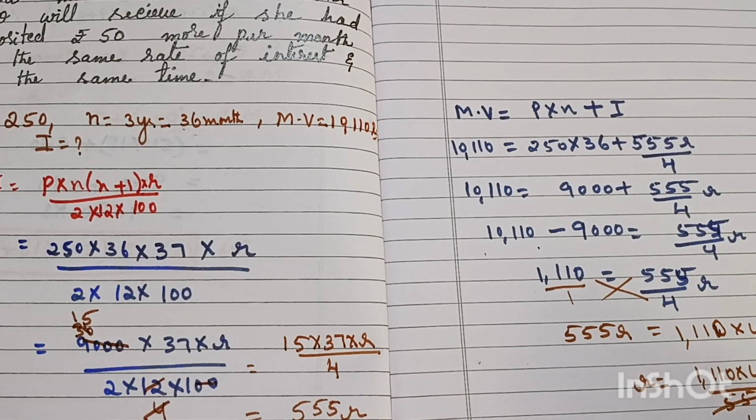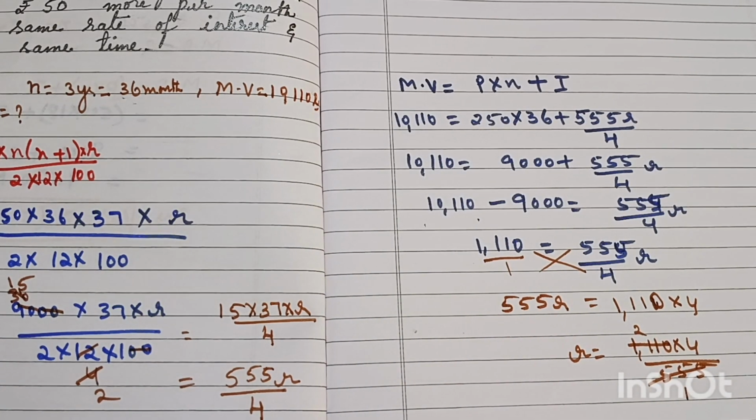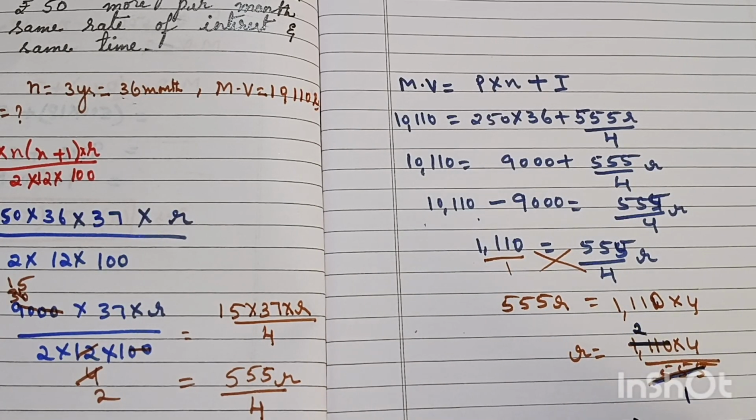555 ones are 555, 555 twos are 1,110. So r is equal to 2 into 4 is 8%.